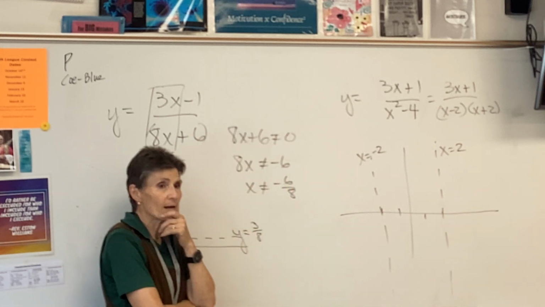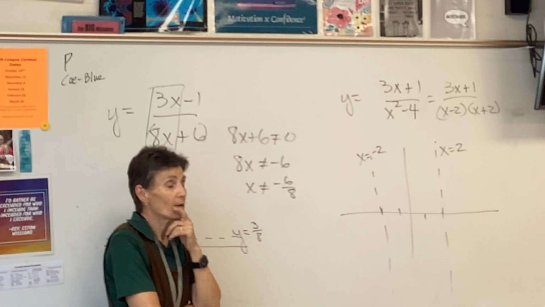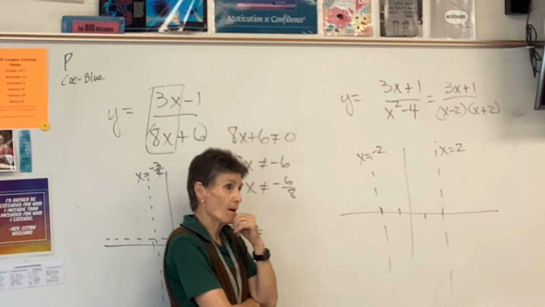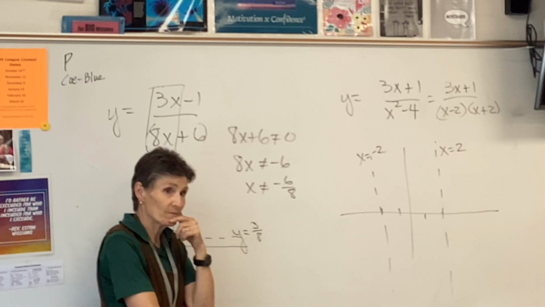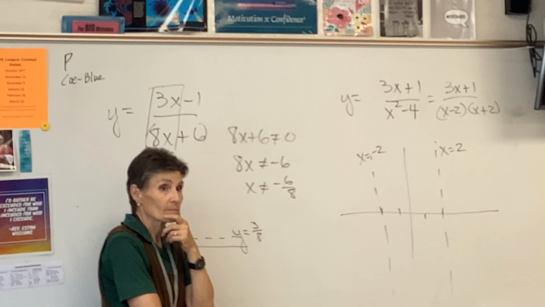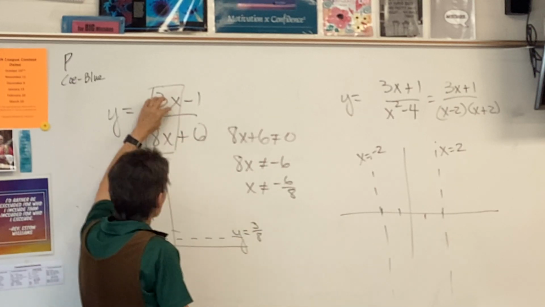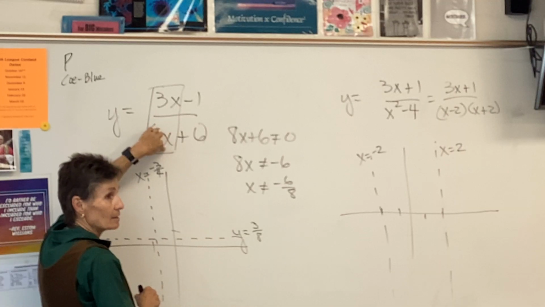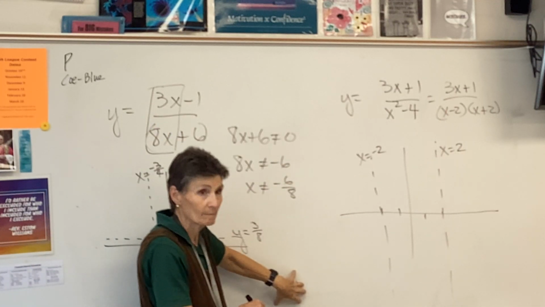Now, the horizontal is different. What do you notice about this problem that's different from all the others that we've done here? x squared and a 3x, so I don't really know how to. So in the other ones, we had x over x, and we had one where it was x squared over x squared.